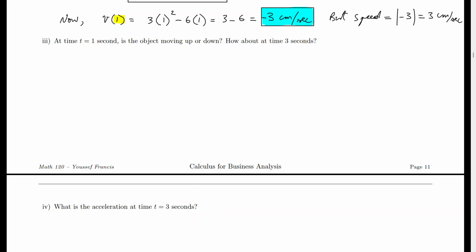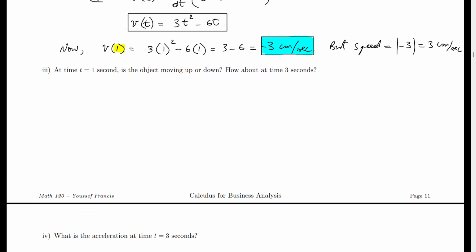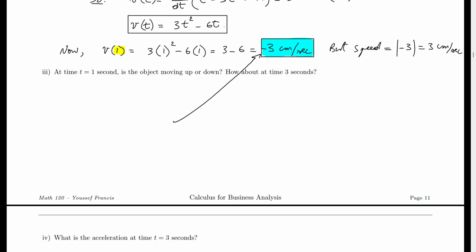Okay, so what I just said, I have to write here. So after 1 second, is the object moving up or down? By noticing that there's a minus sign in front of my 3, I'm going to say that the object is going down. And we will have to calculate this value to be able to answer what's going on after 3 seconds.